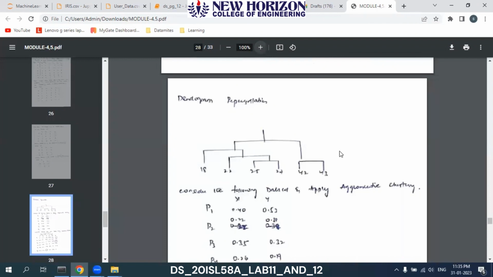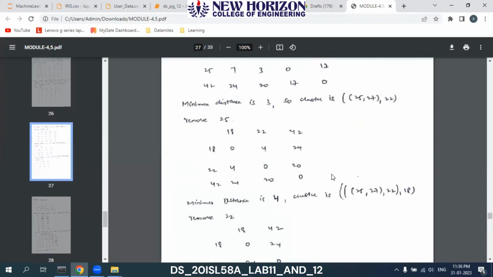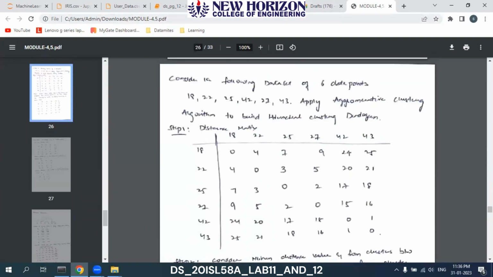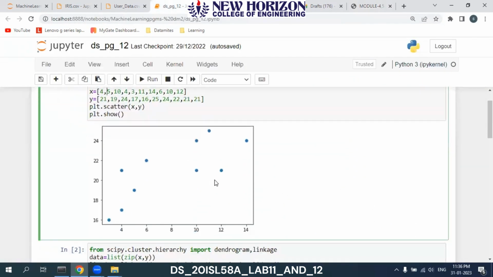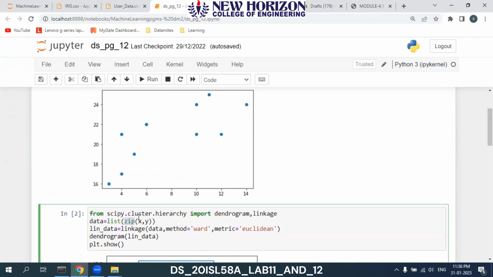Now going back to our program, first we have taken the similar x, y points, like how we have shown here. We have a scatter plot where the data is spread like this. Now we will be importing two packages here, linkage as well as dendrogram. We will use the zip of x, y.